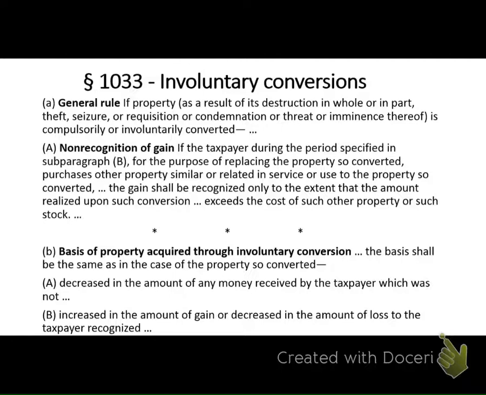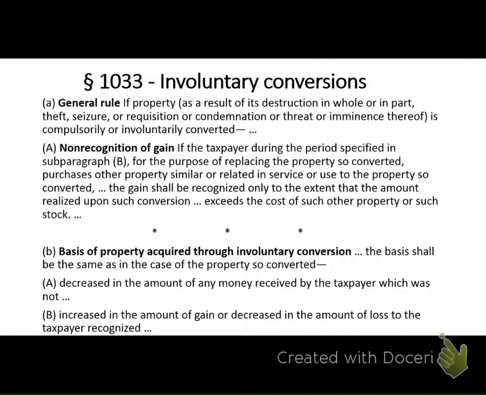So what are we doing there? Essentially, when your property is involuntarily converted, oftentimes you're receiving insurance money, right? So if you had a house worth $500,000 and it burns down, it wasn't your fault, or at least they haven't figured it out yet.